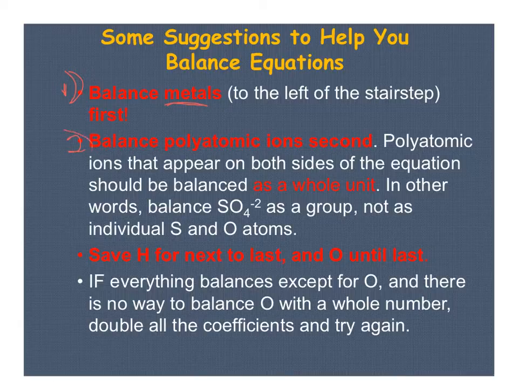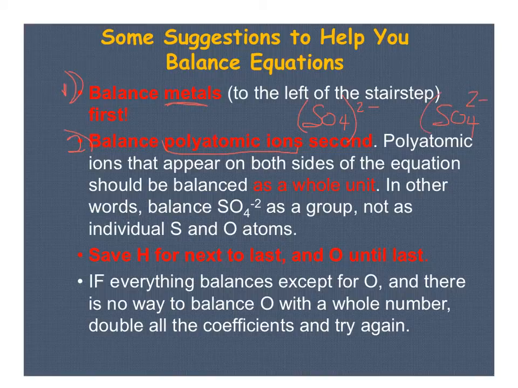Balance polyatomic ions second. So polyatomic ions, for example, sulfate. Okay. Balance them as a group. If you have a polyatomic ion on the reactant side and on the product side, instead of balancing individual elements like sulfur and oxygen, balance the whole group. How many SO4 groups are on the reactant side?